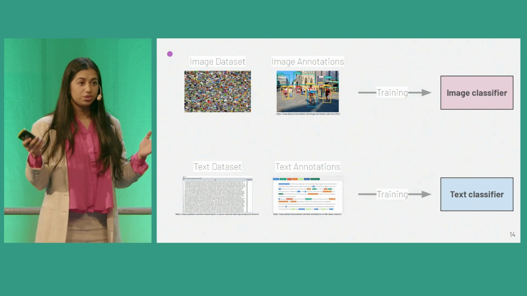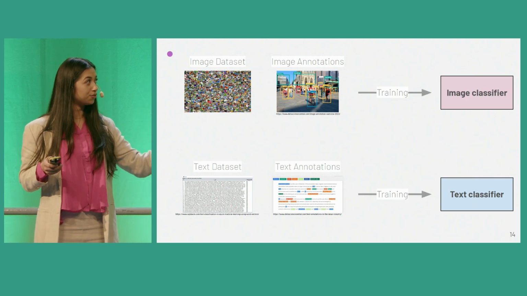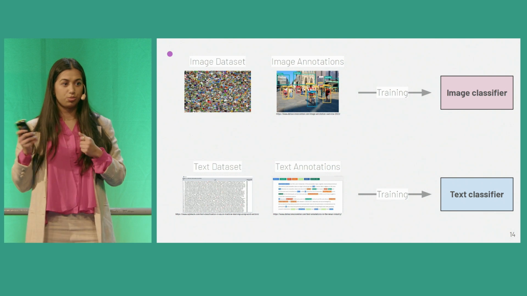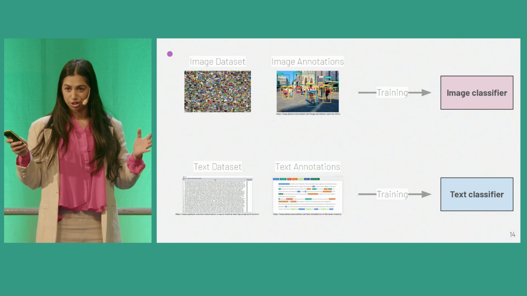We then use these to train classifiers that are customized for the task and modality. So essentially, methods of today rely heavily on annotations. But annotations are very costly, both in terms of time and money, and still we see them always being in such high demand.